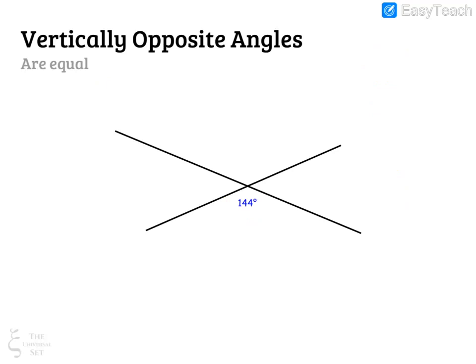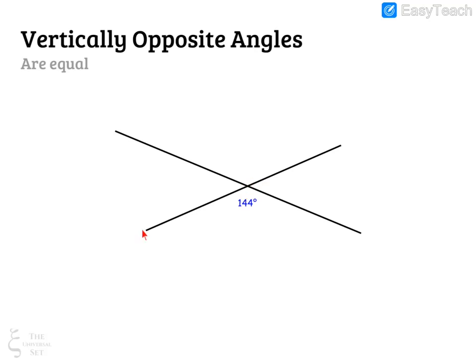Vertically opposite angles. Now, the word vertically in this context is a little bit confusing because it doesn't mean vertical, like up and down, as opposed to horizontal. Vertically opposite just means at a vertex, and a vertex is just one of these crossing points. So vertically opposite angles are the ones that are opposite each other when we make a vertex, a crossing point like this.